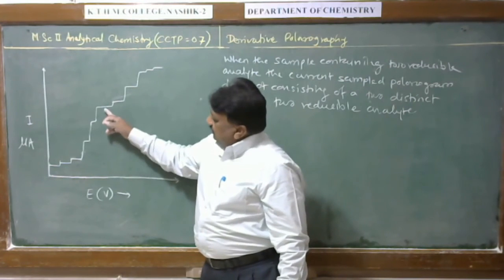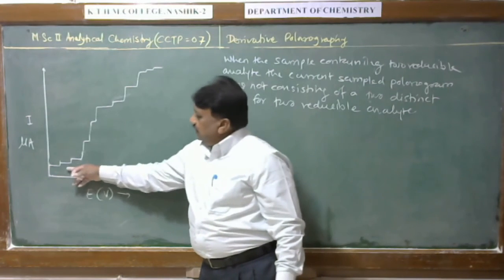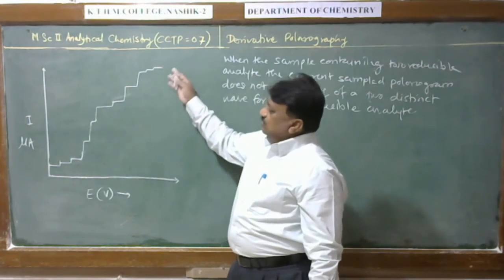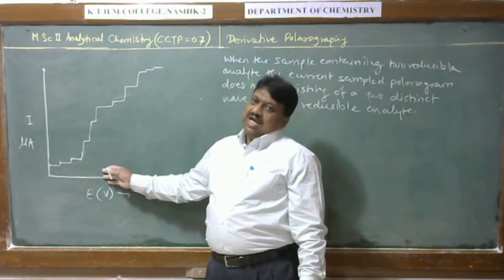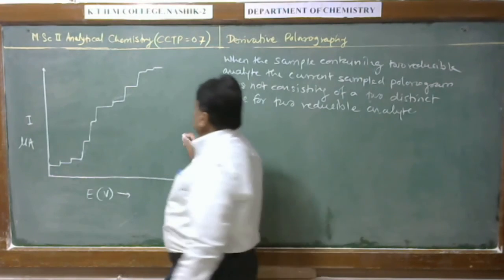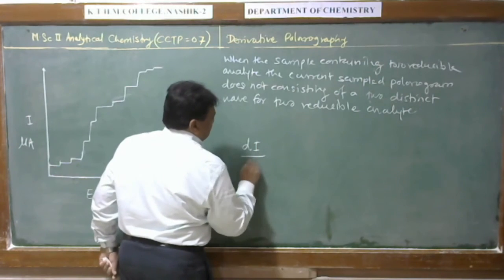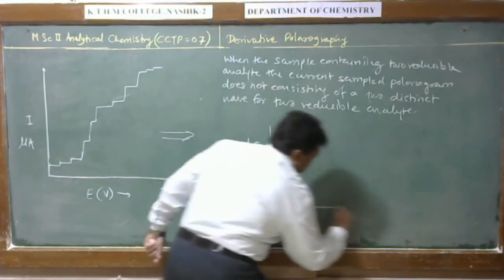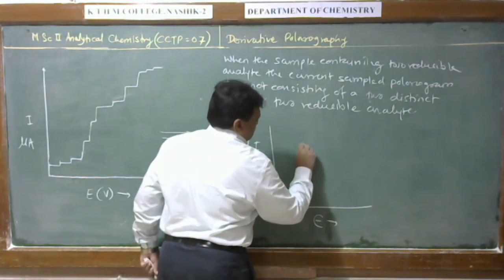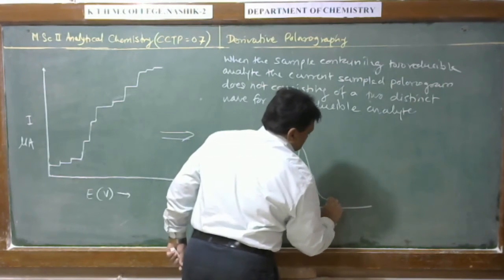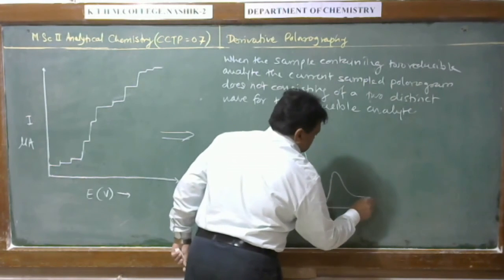Now this is a current sample voltammogram for analysis of two reducible species. Here the first analyte is reduced in this region and the second analyte is reduced in this region. But sometimes we observe what looks like a reduction current for a single analyte. By the derivative technique we can easily identify this by plotting di by dE versus E or applied EMF. Then we have a first peak for the first analyte and a second peak for the second analyte.